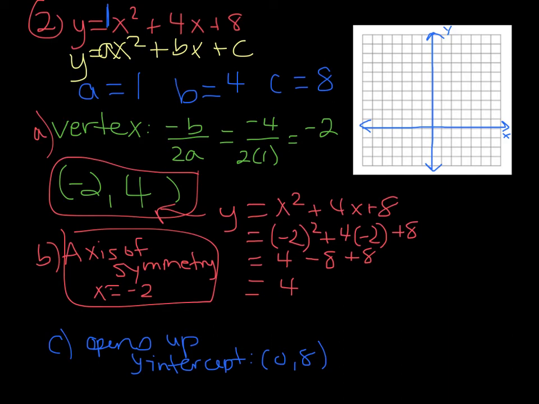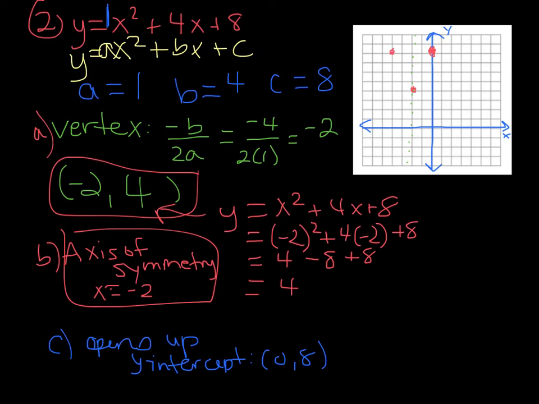So we are going to start with our vertex at negative 2, 4. And we know that we have an intercept up at 0, 8, so I'm going to draw that in too. If you want to draw in your axis of symmetry, feel free to. You don't have to. It's not an essential part of the graph, but it's going to help you to reflect that intercept over to the other side.